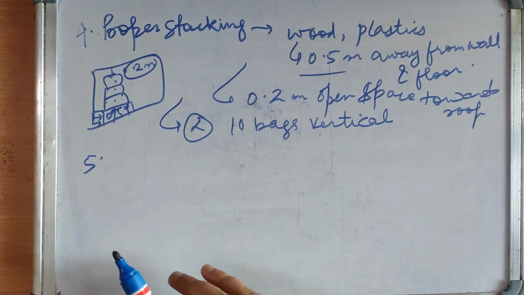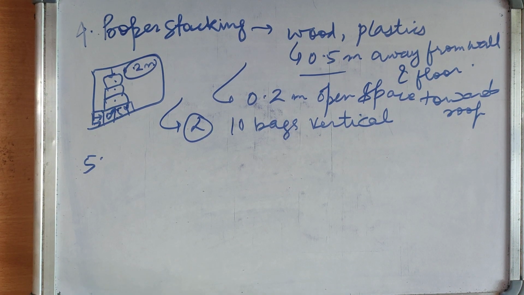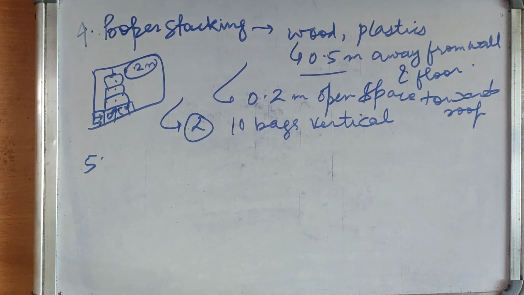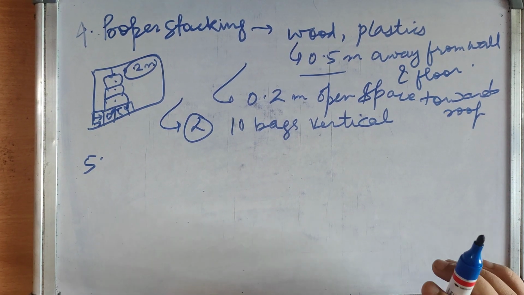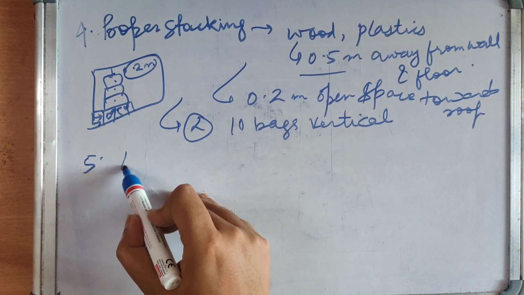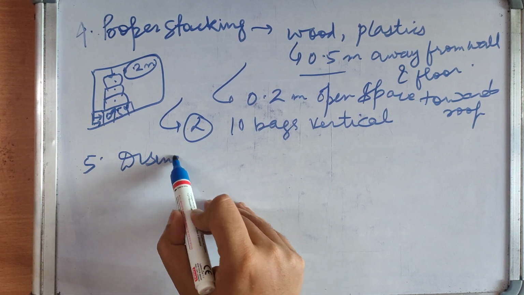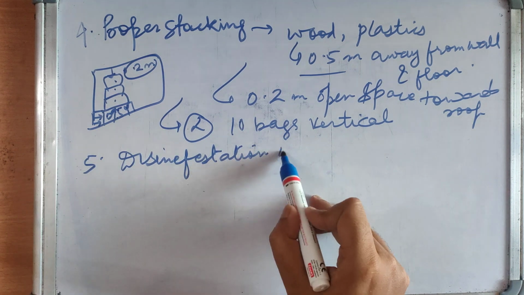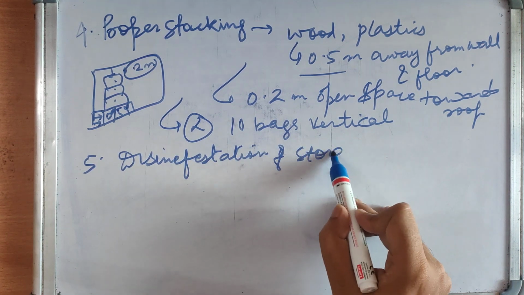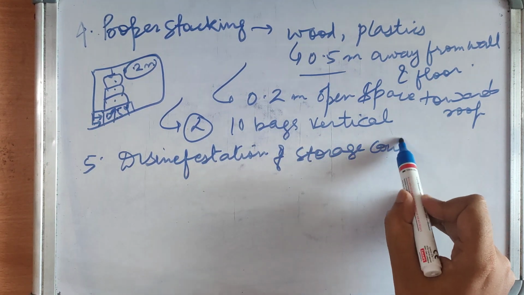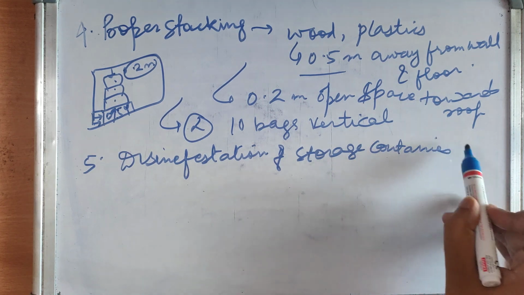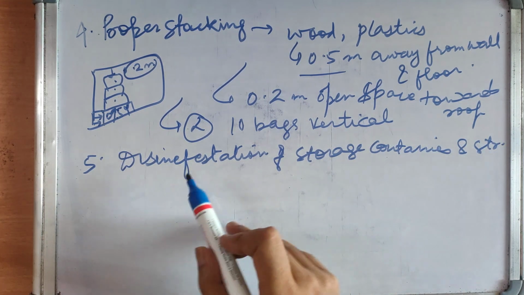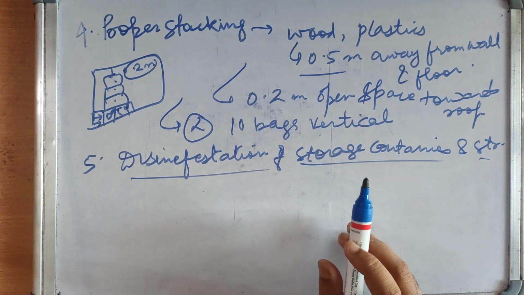Number 5 is disinfestation of storage containers and structures. So we need to disinfect storage containers and structures.